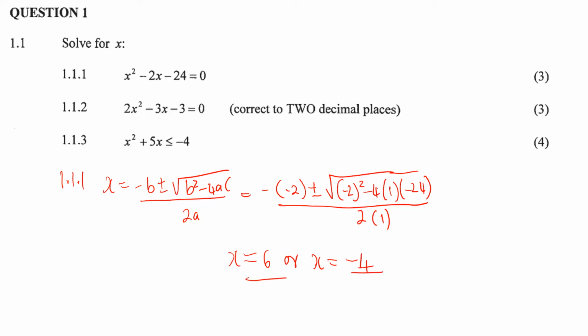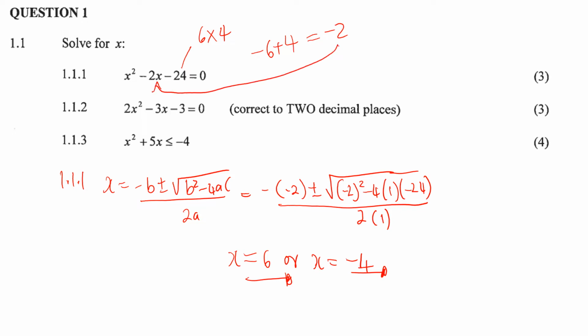Okay, so this is the first method that you can use, but if you know how to factorize, you could have simply come here and said, what are the factors of 24? It's actually 6 times 4, but when we add them, they must give us negative 2. So it's basically minus 6 plus 4, so that we can get negative 2 in the middle.